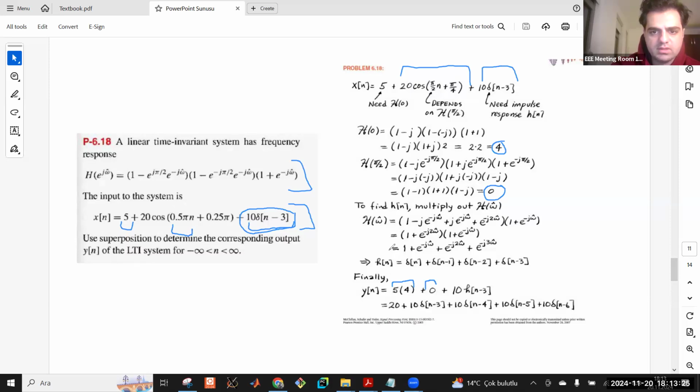In order to find the difference equation, first we do the multiplication and get the impulse response as the summation of complex exponentials. Then we get the filter coefficients. Using those filter coefficients, we find the impulse response. Therefore, we know the output of the system for this shifted and scaled impulse signal.